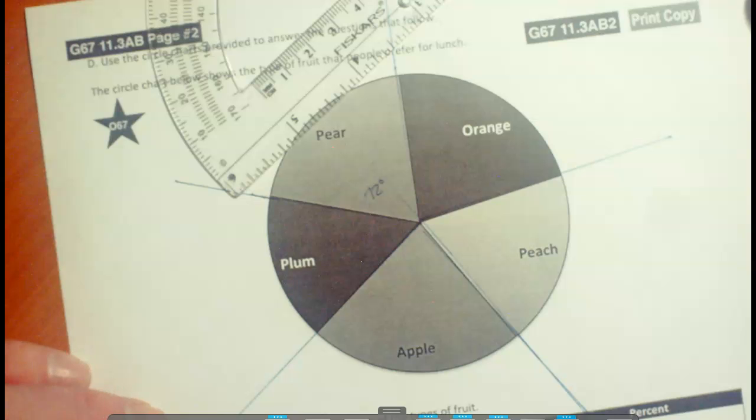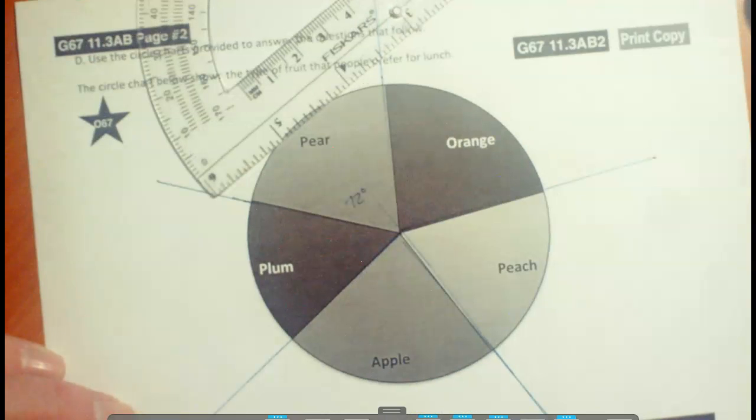So let's just figure out what that's going to be for a percent. 72 degrees out of 360 degrees is like some percent out of 100. No, let's do it up here.